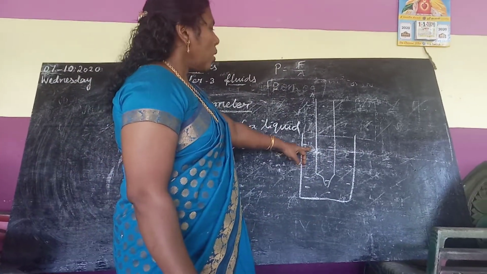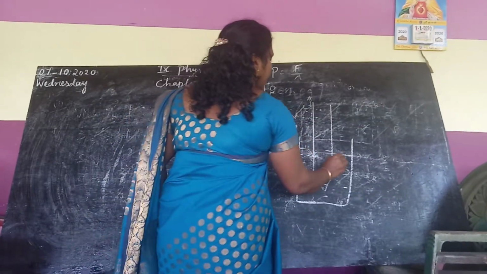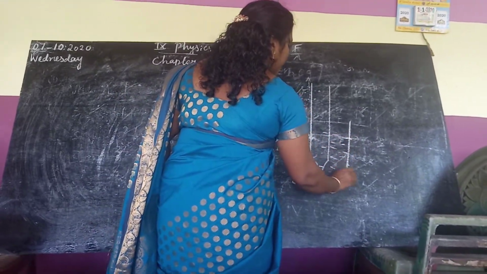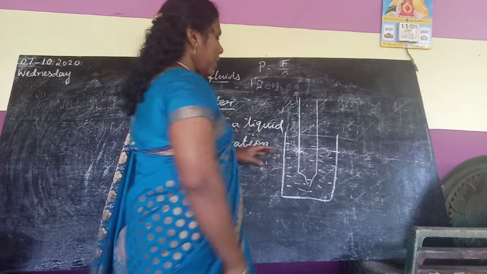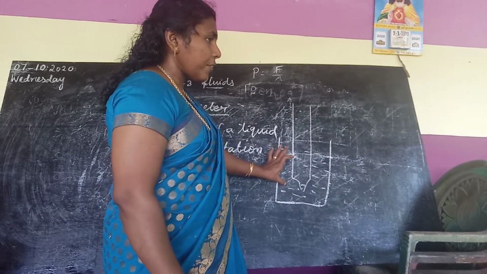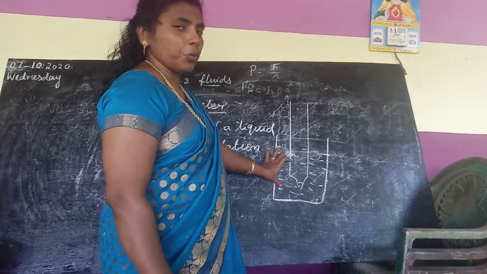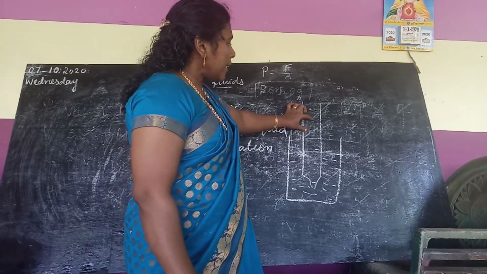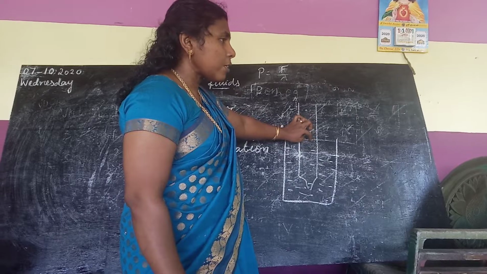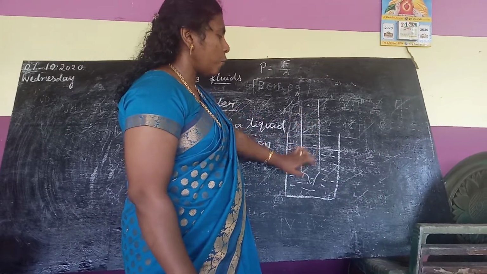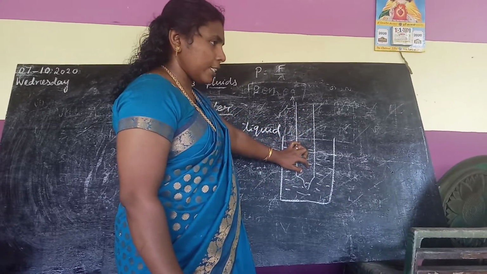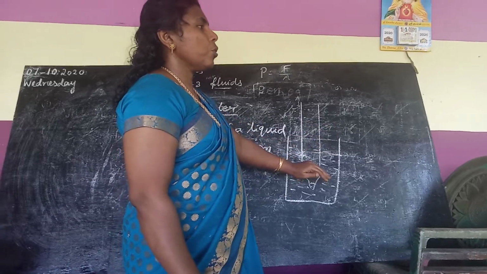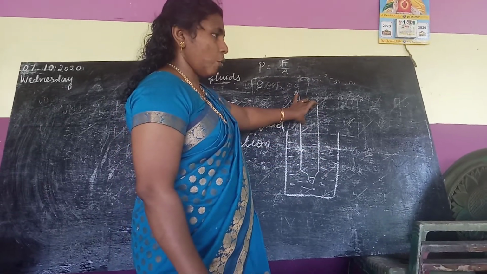Now here the fluid is there. So the laws of flotation: the weight of the fluid. Fluid means liquid. The weight of the fluid in which the hydrometer is immersed is equal to the weight of the hydrometer.